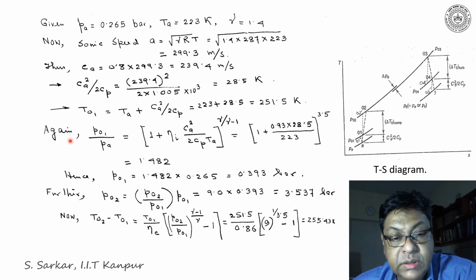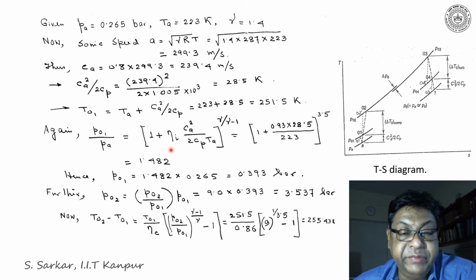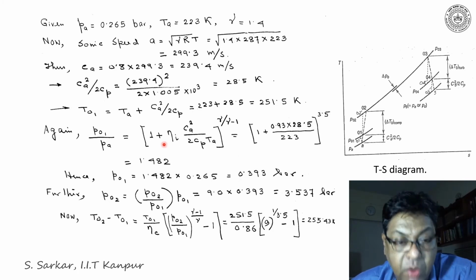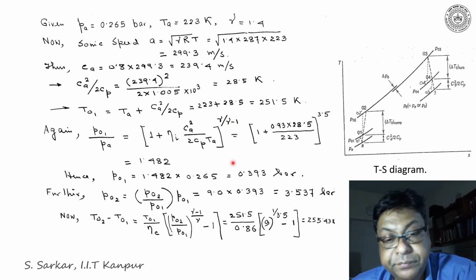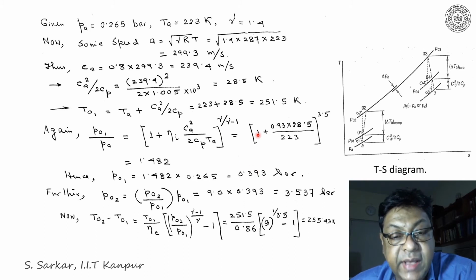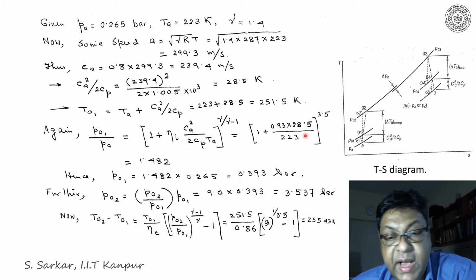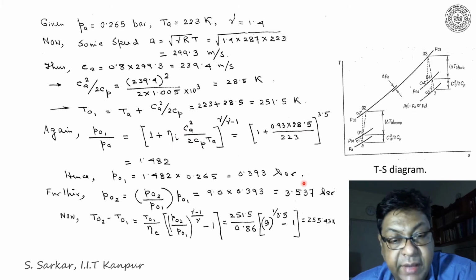Now, for a given intake efficiency, I can evaluate the ram effect, that is P01 by PA is equal to 1 plus eta I into Ca squared divided by twice Cp into Ta, to the power gamma by gamma minus 1. Eta I is given as 0.93. Ca squared by twice Cp I have evaluated as 28.5.